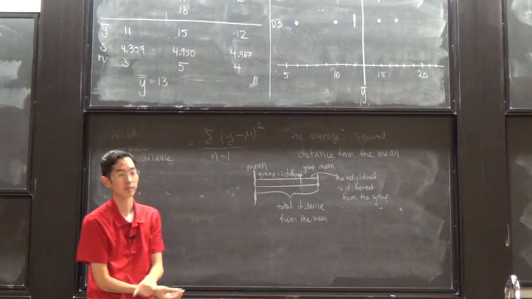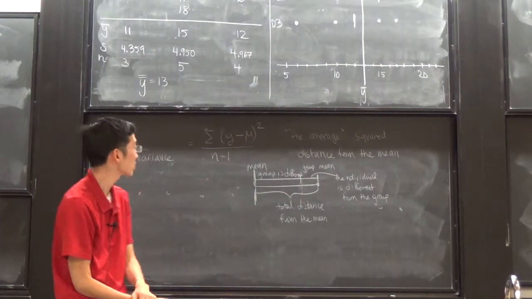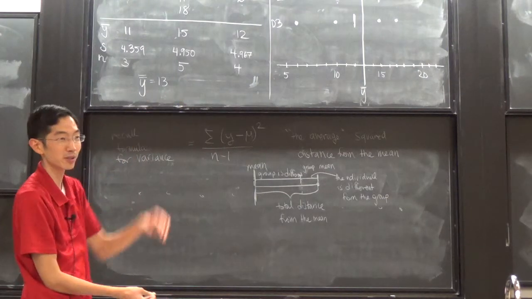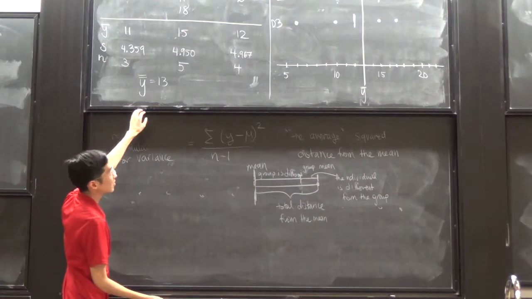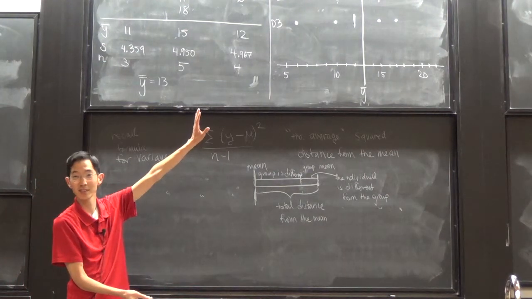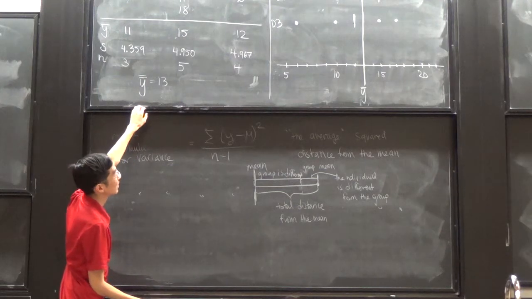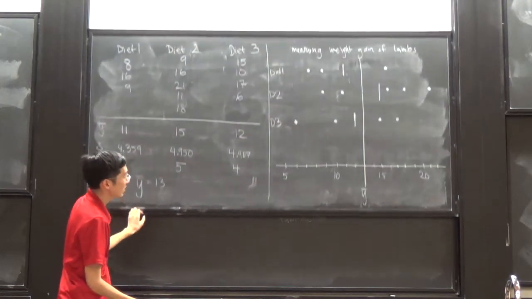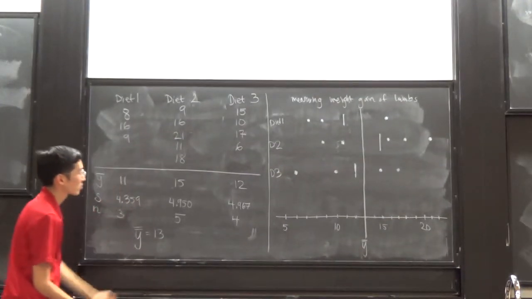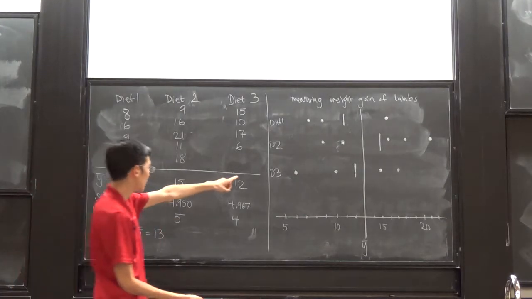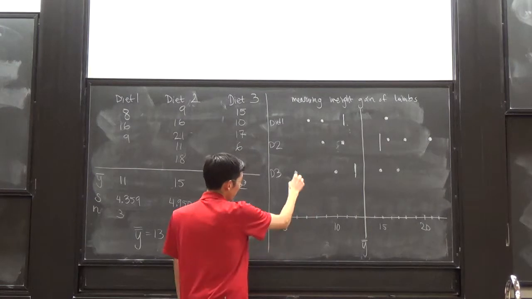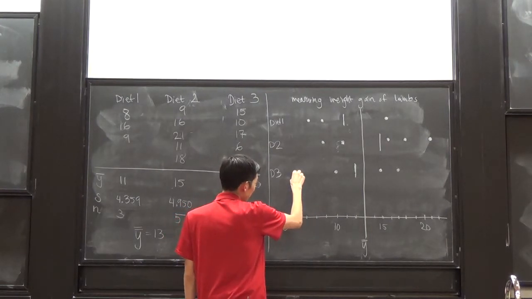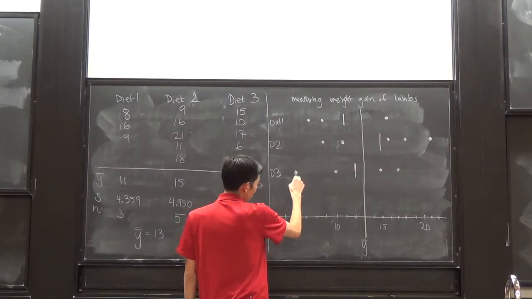Okay, so if we're going to apply it to the example, I'm going to do it to our thing here. We can look at this lamb right here. This lamb gained 6 pounds.